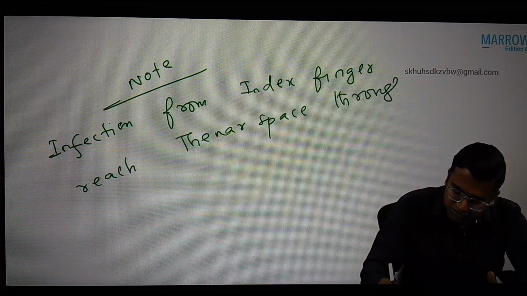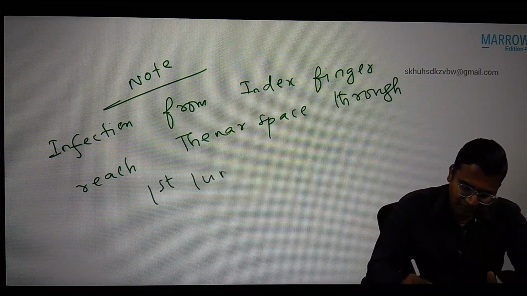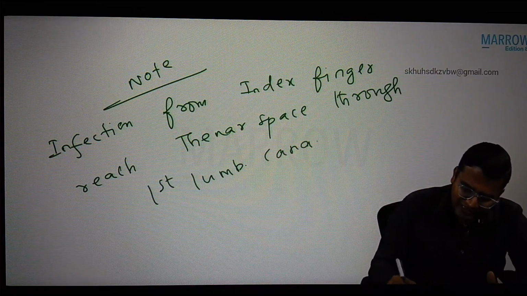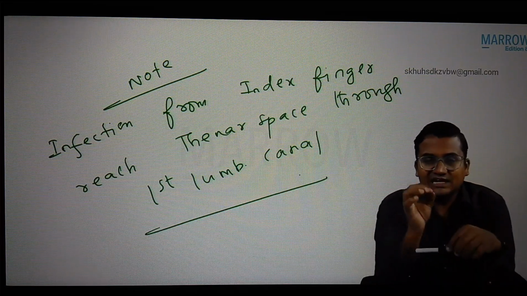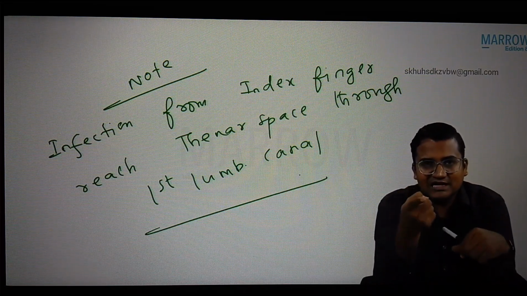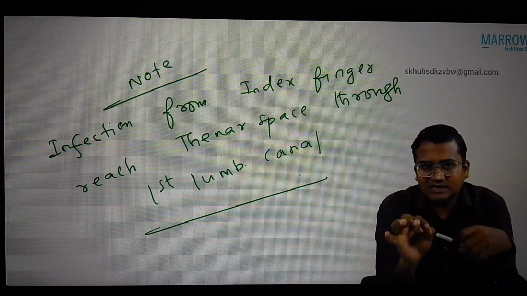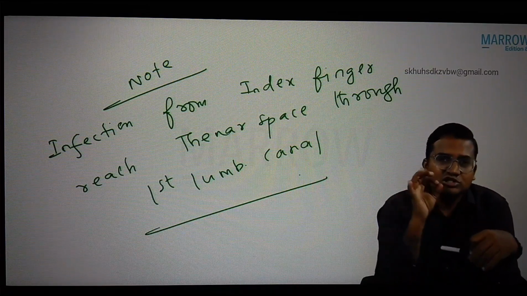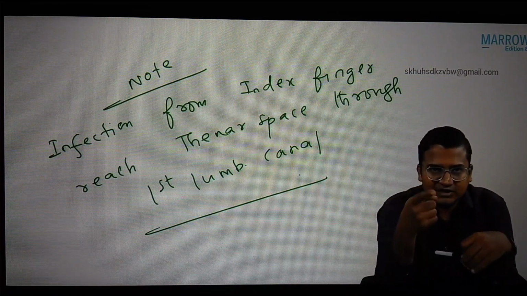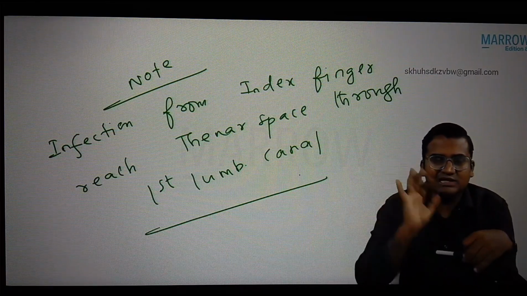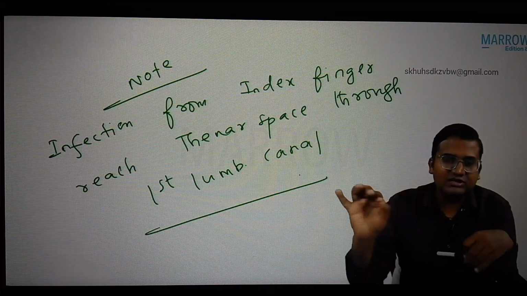through the first lumbrical canal. Why am I writing the thenar space? Because the index finger tendons, the FDS tendon and the FDP tendon to the index finger, are present in the thenar space only. So any infection in the index finger will come to the thenar space through the first lumbrical canal.